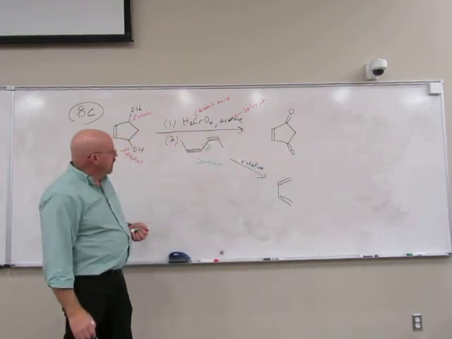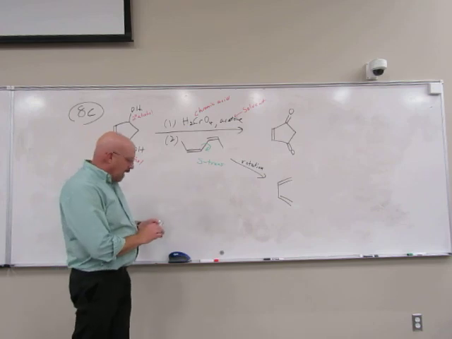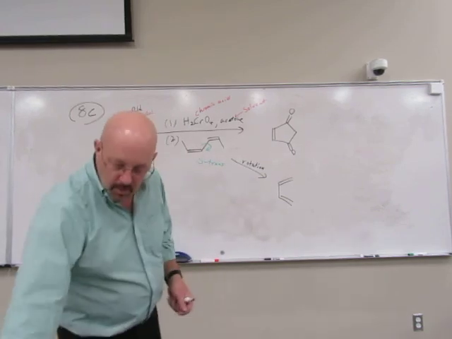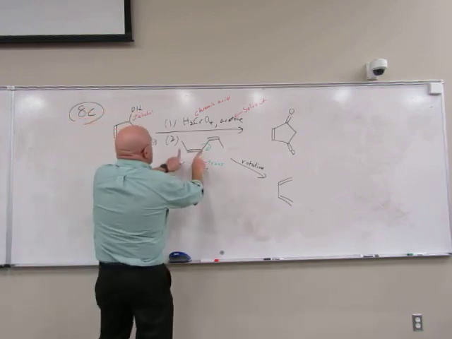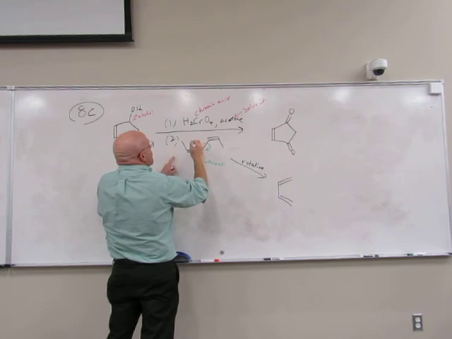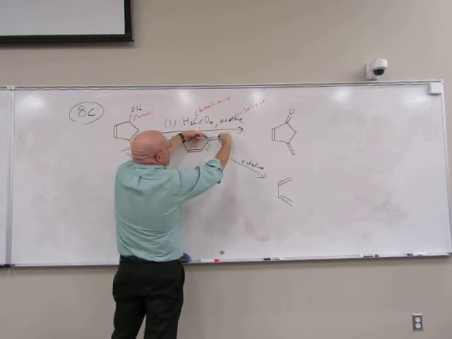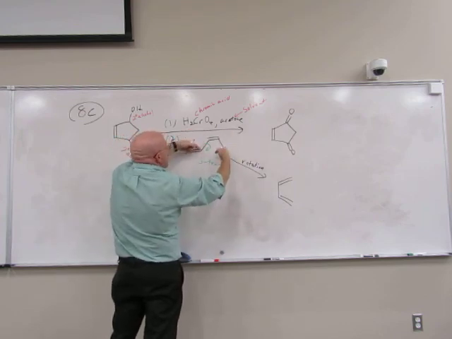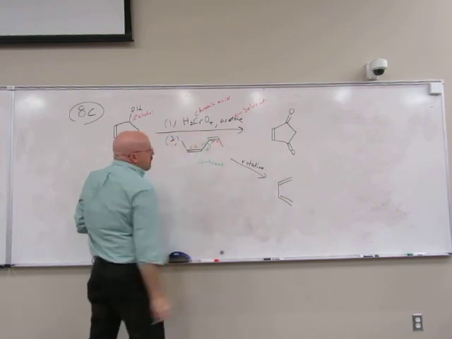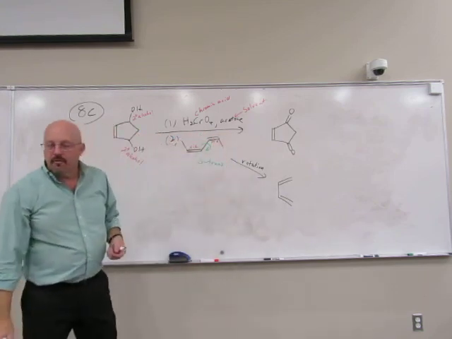Now we need to make certain those methyls point the right way. And if you look, this alkene right here has a methyl and this group coming off the same side, so that's a cis alkene. This one's got a methyl coming down and this group coming down as well. These are on the same side, that's also a cis alkene. So they need to be cis after the rotation as well.